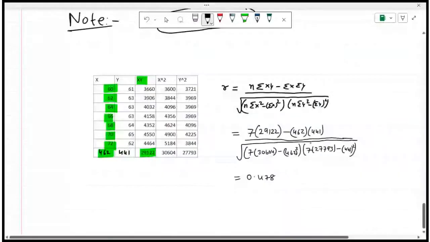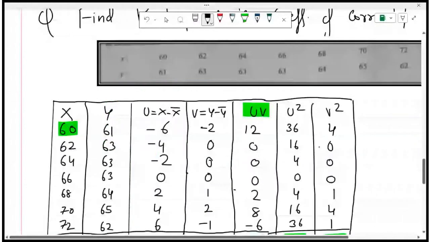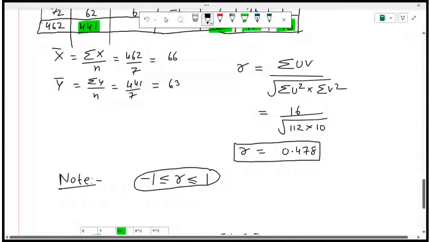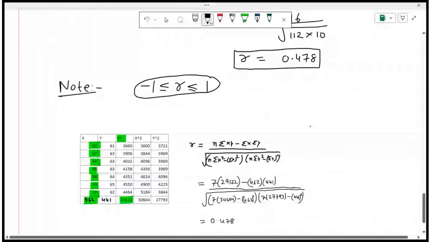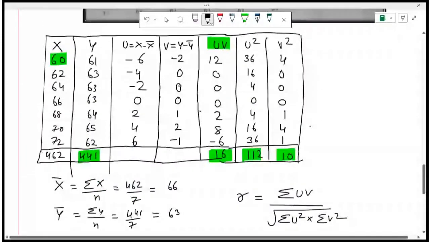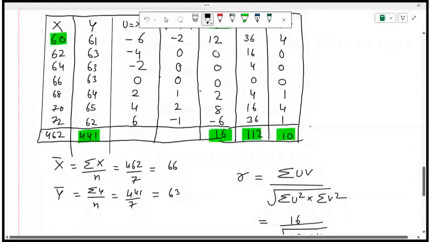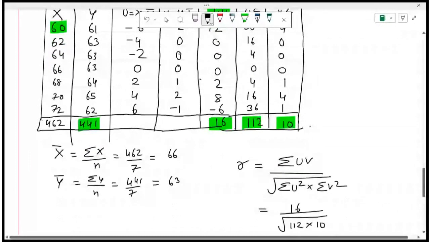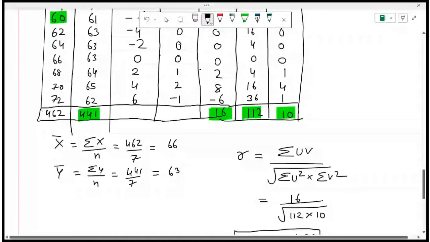Which method are you students liking, method 1 or method 2? Sir, I think both are okay. One is a little bit easier. In method 1, the formula is easy to remember, like sum of UV under root sum of U square sum of V square, but there are more columns.